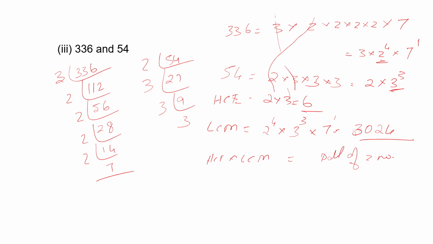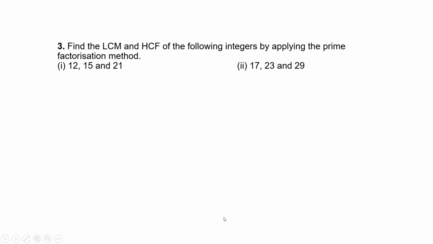Which two numbers? The ones for which you are finding the HCF and LCM. So HCF is equal to 6 and LCM is equal to 3024. So multiply both sides, you are getting 18144, which is equal to, here also you are getting 18144, hence verified.